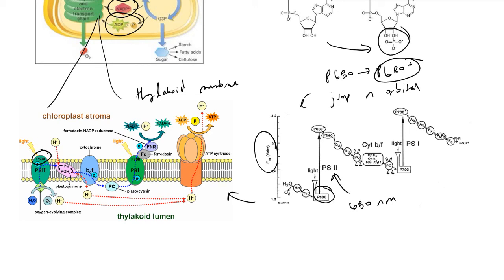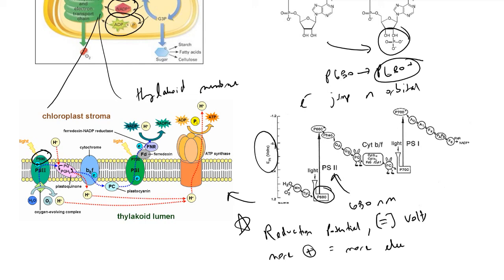a very key term to learn is something called reduction potential. And what we know about electricity is it has units of volts. And in the case of reduction potentials, more positive equals more electrophilic.